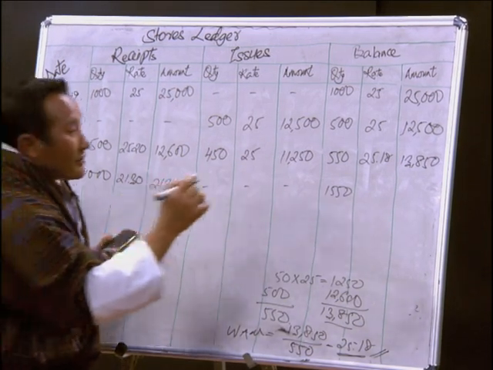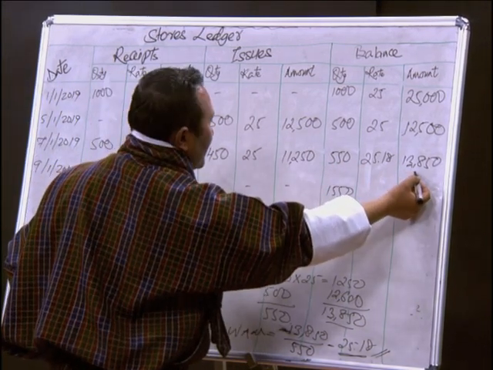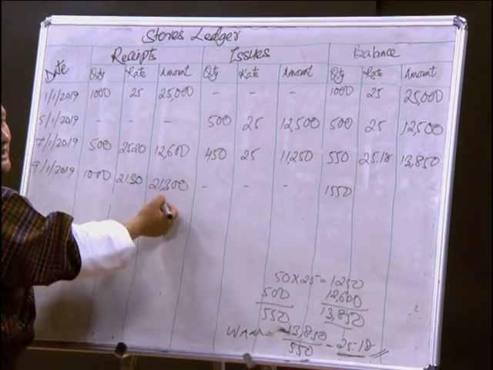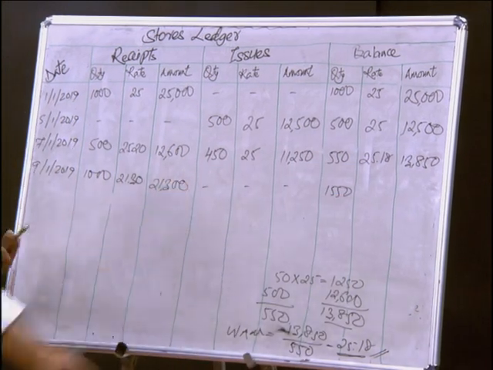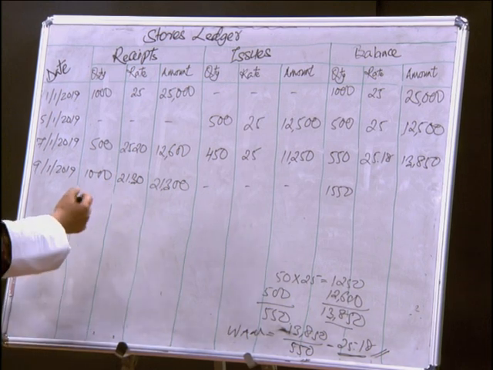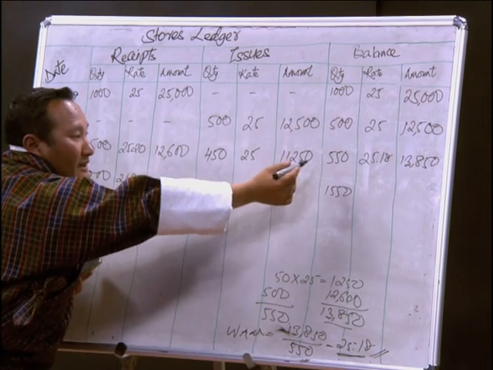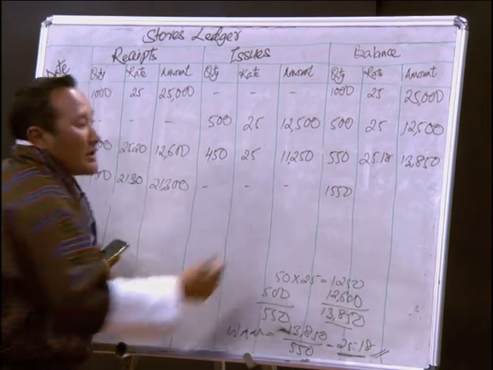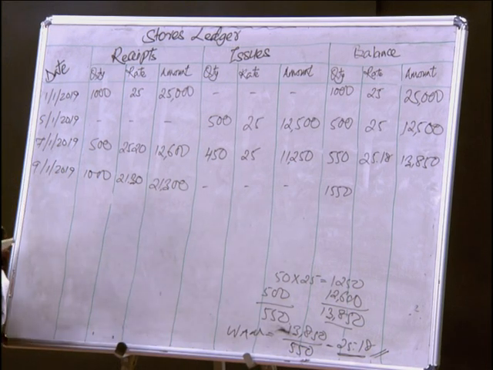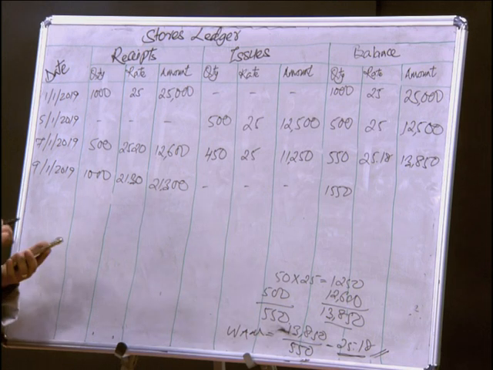How are we going to calculate it? Whatever amount we have here plus the amount we received recently, divided by the quantity we have. The quantity altogether is 1,000 plus 550, which is 1,550. Use your calculators again. We have 13,850 plus 21,300.